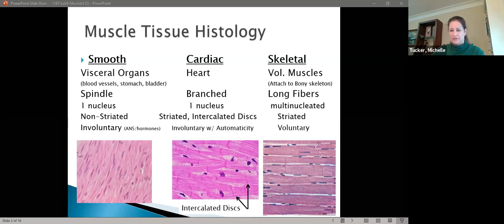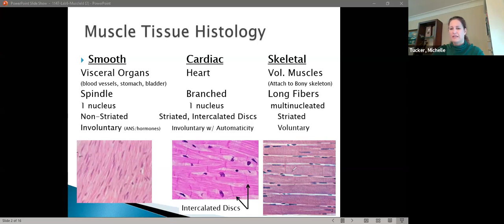So here, this long structure that kind of looks like a straw is a single skeletal muscle fiber. There are maybe 8 skeletal muscle fibers all running along parallel to each other.